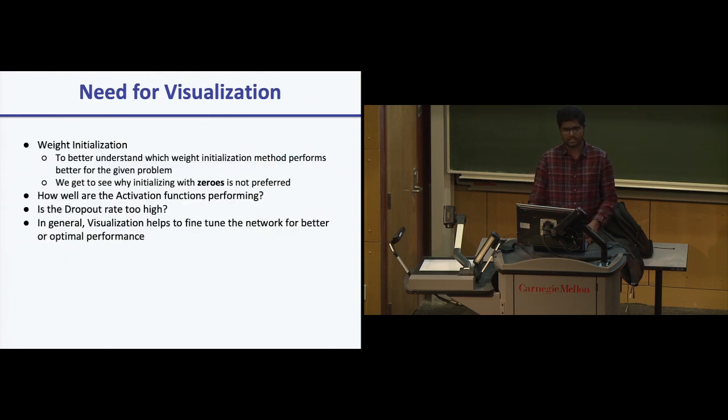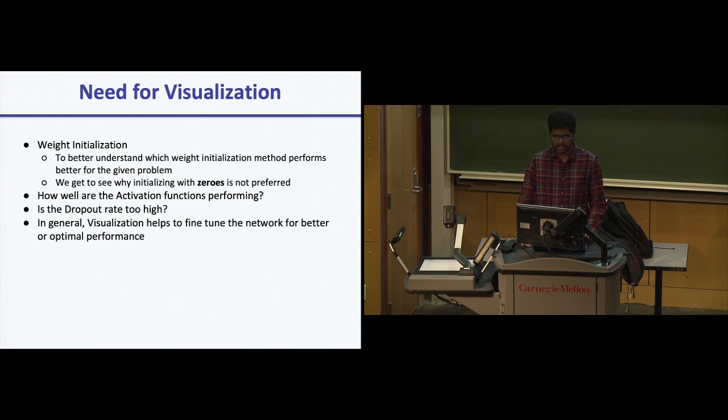Other things that you can see or predict by visualizing your model is the weight initialization. When you initialize your weights to 0, you can see how the plots of the gradient change over different layers and how they change over time. While initializing with Xavier or uniform initialization, you can see how it changes over time on your model.